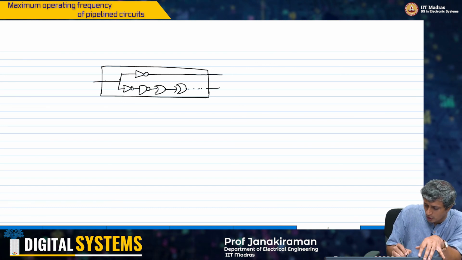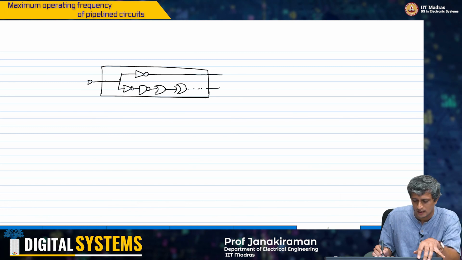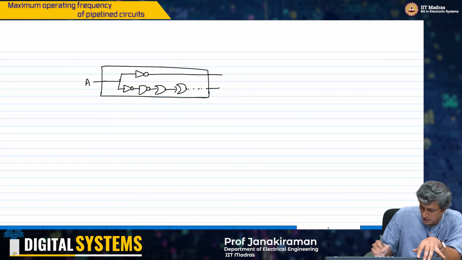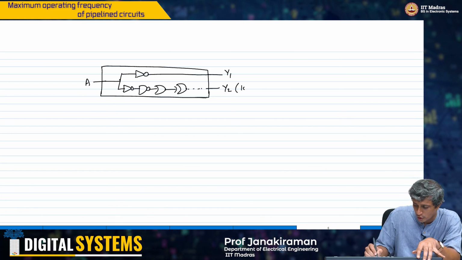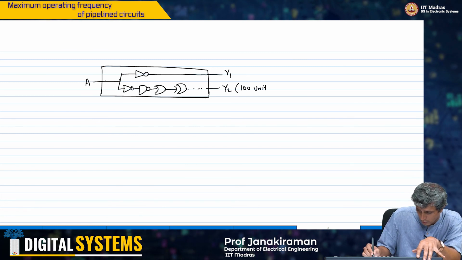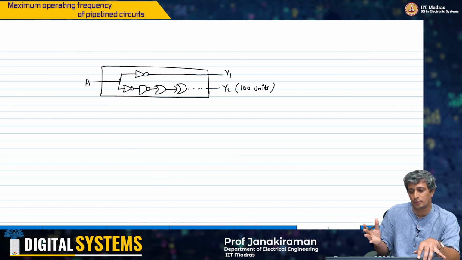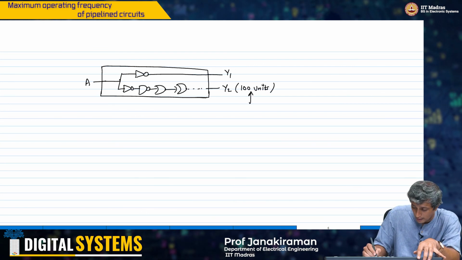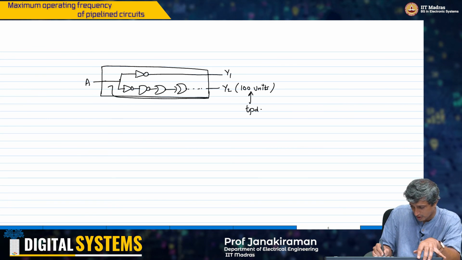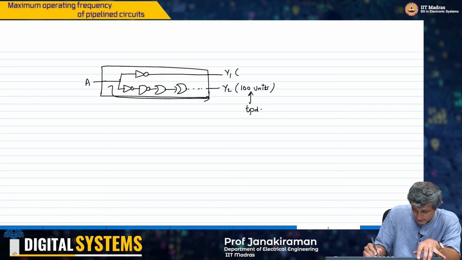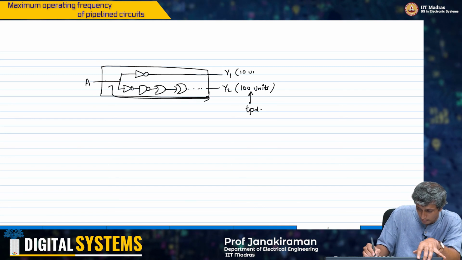So if the input A changes here, Y1 and Y2 change, and this may take 100 units of time to actually change and stabilize. That is what we call the TPD, propagation delay, right? This is the critical path for this circuit, quite obviously, whereas this could take only 10 units of time.